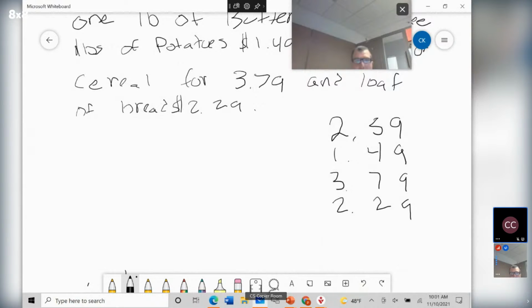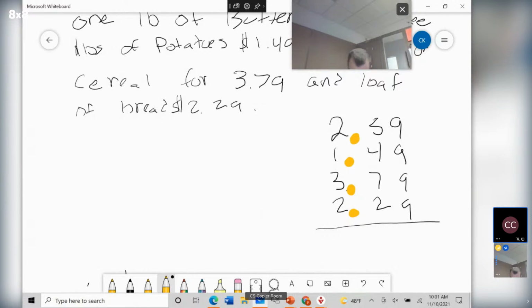And the thing when you're doing decimals, you guys, you always want to line up the decimal points so you can see all the decimals are in line right here. Okay. Then what we're going to do is just a straight addition problem.